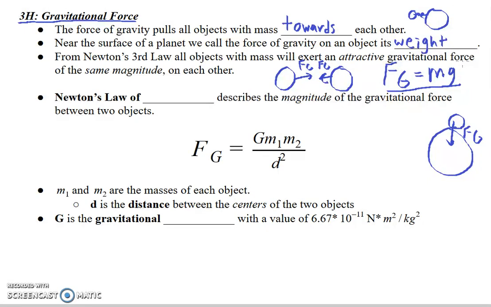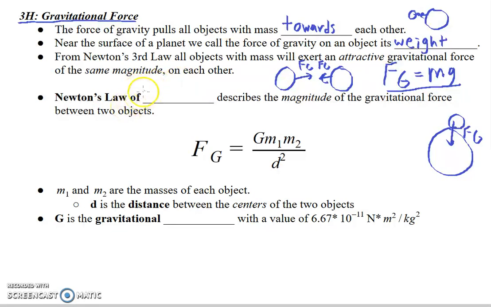Now we're going to look at a more general equation, so we can calculate gravity basically anywhere. We can calculate it between two small objects sitting on a planet, or between the Earth and the Sun, the Earth and the Moon, whatever we'd like. So we need a more general equation to calculate gravity, and that's going to be right here.